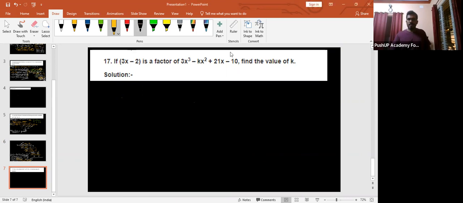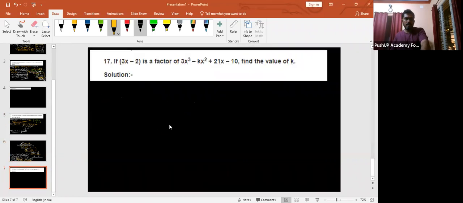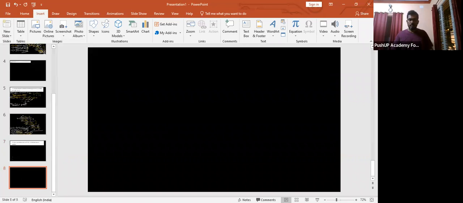Anika, what is the doubt? Sir, in the same 14th, second part, I got the answer to the first part as x plus 1 and the second one as x square plus 12, sir. So later we have to write it in 3 factors, no, sir. Can you help me in only the last part of the answer, sir? I got the second part, but the final answer I did not get. I'll just send you, sir, 1 second. Wait, I'll try to solve it.